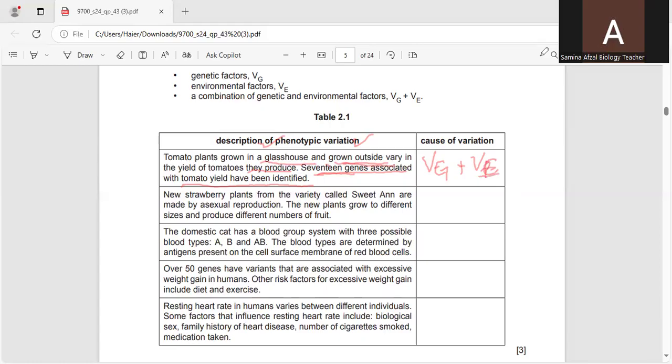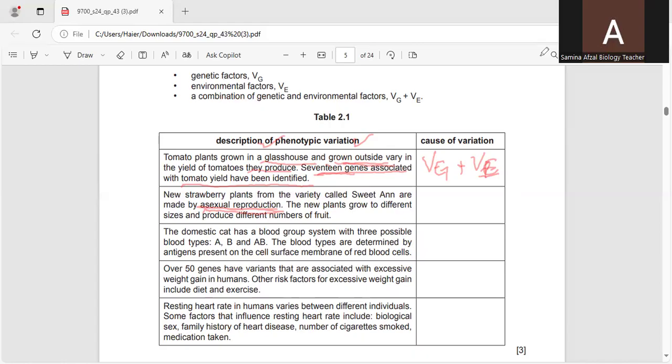New strawberry plants from the variety called Sweet N are made by asexual reproduction. The new plants grow to different sizes and produce different numbers of fruits. So here you can see the new strawberry plants are produced by asexual reproduction, and in asexual reproduction, fusion of gametes does not take place.